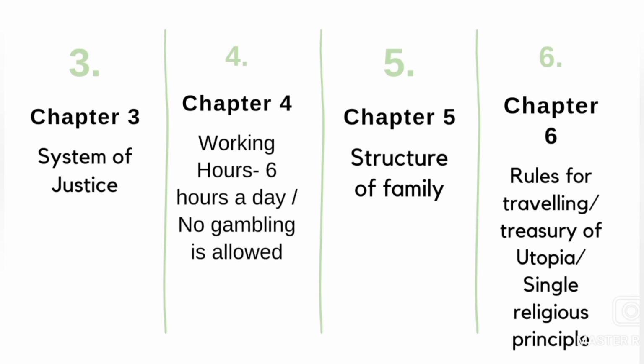Then Raphael describes the treasury of Utopia in this chapter and says that Utopians value iron more than gold. Then Raphael says that Utopians share a single religious principle that the soul of man is immortal, and that God of his goodness has designed that it should be happy.